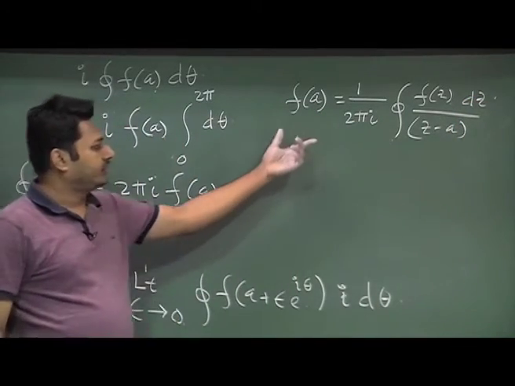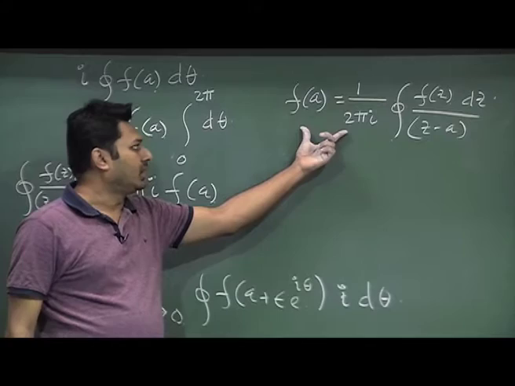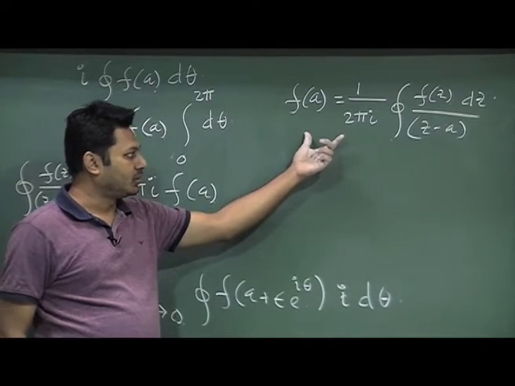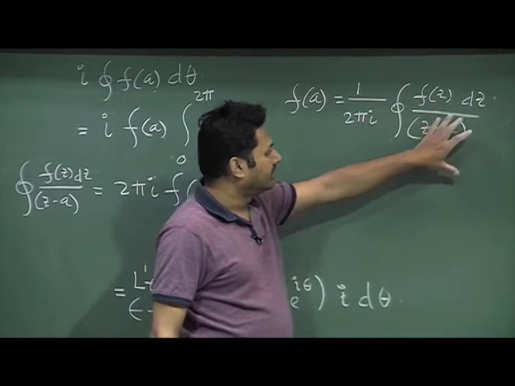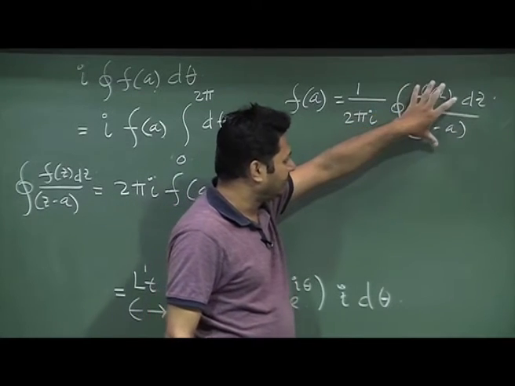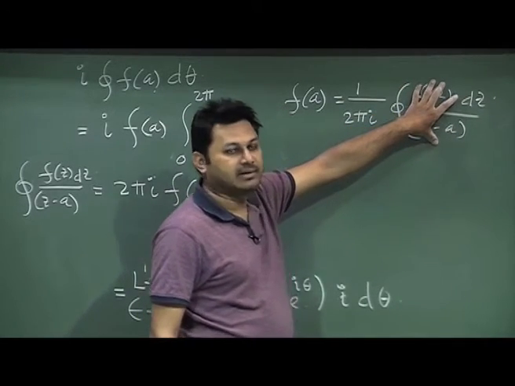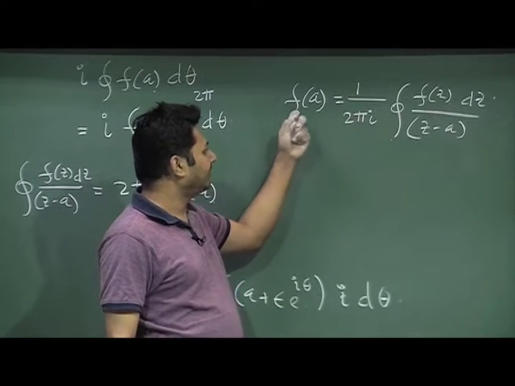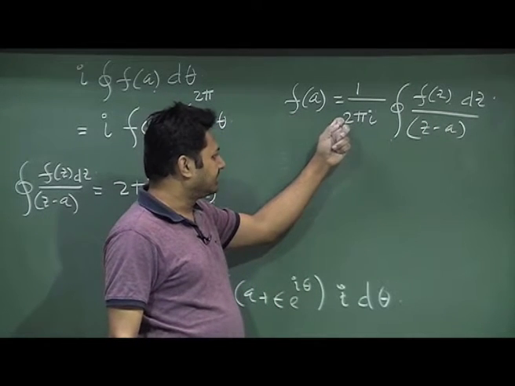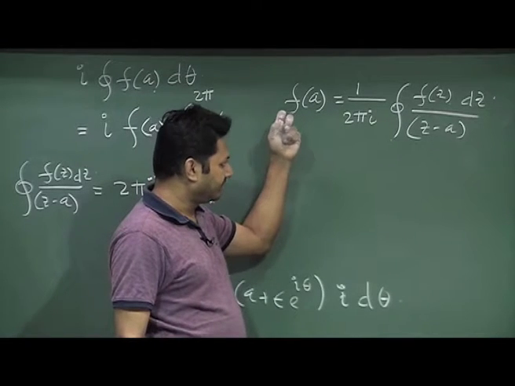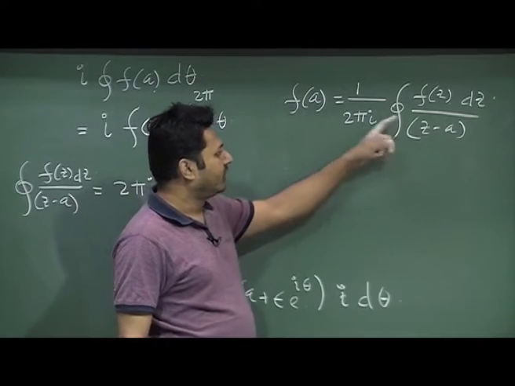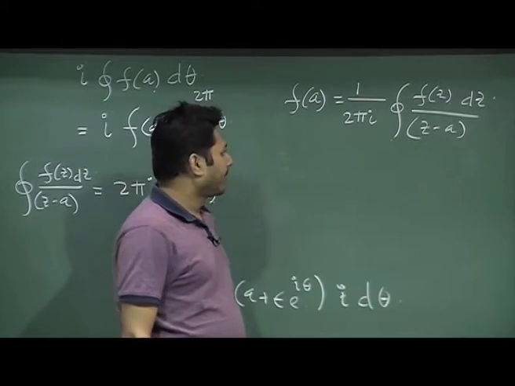So, we proved this Cauchy's integral formula, and this is a very powerful formula, because you can now have everything in your hand. If I have this integration in my hand, I can readily find the value of this integration. It is just 2 pi I multiplied by f a, if a region is given to you where f z is analytic.